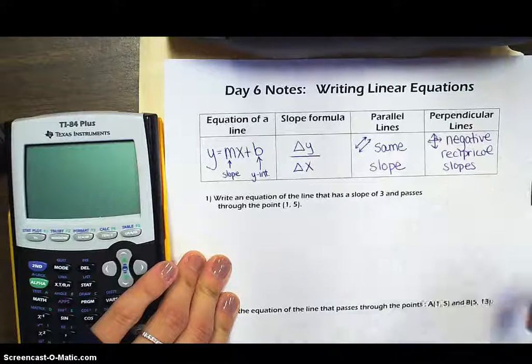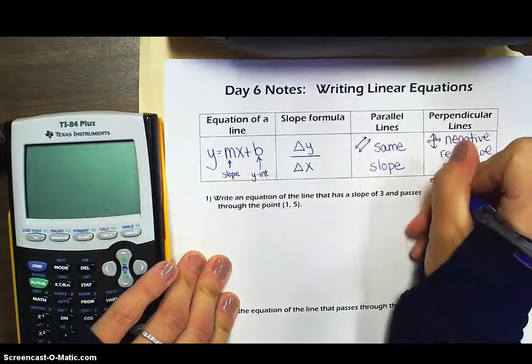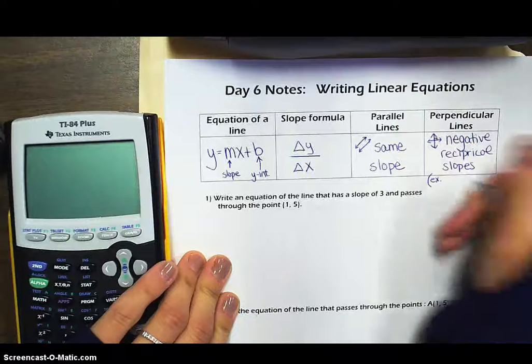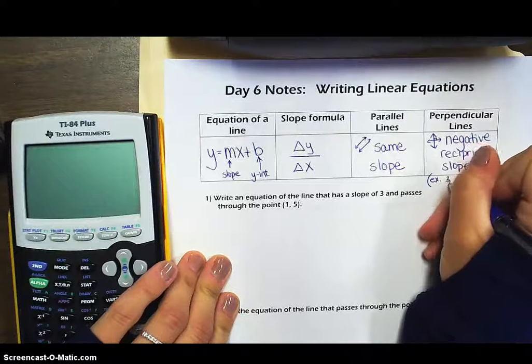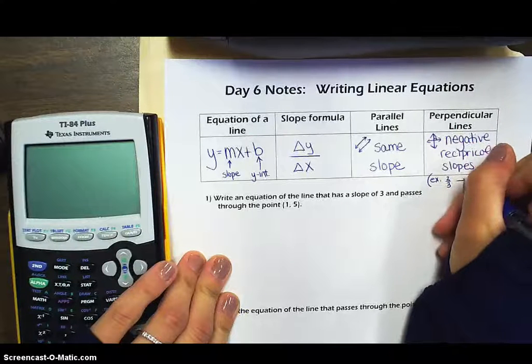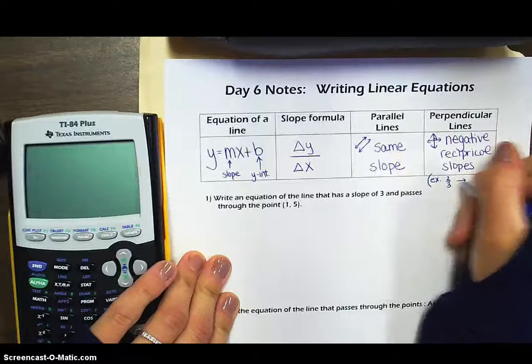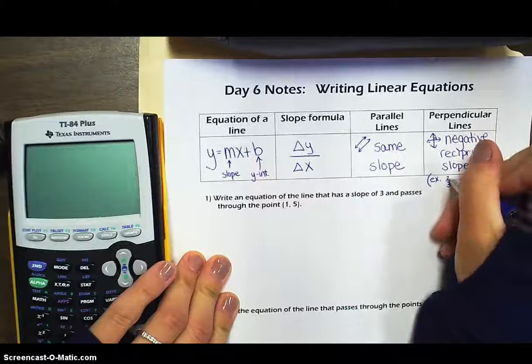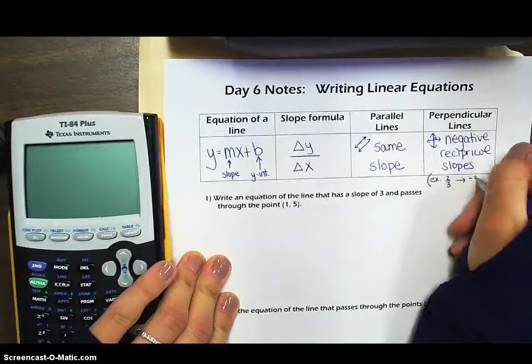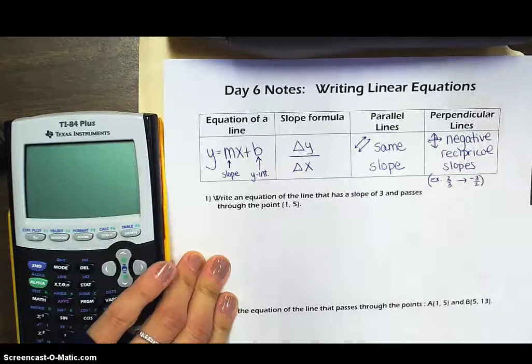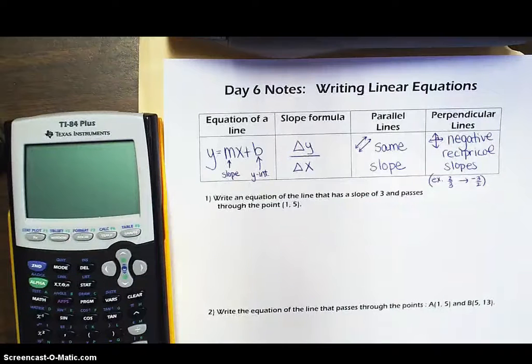That one's kind of a tough one, so let's do an example. If I had a slope of 2 over 3, its perpendicular slope would be: negate it, so it becomes negative, and reciprocal means we have to flip it. So that would be the negative reciprocal slope.